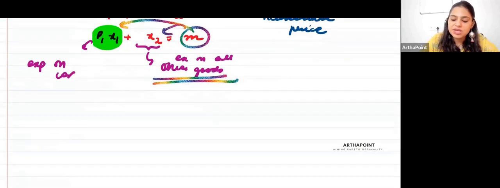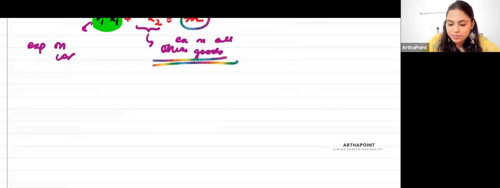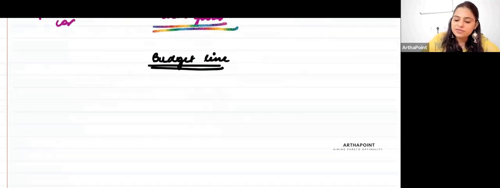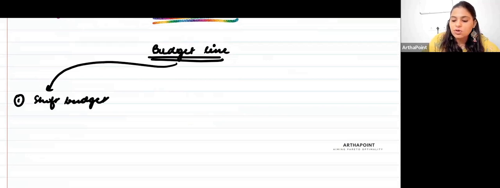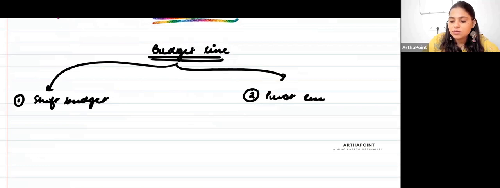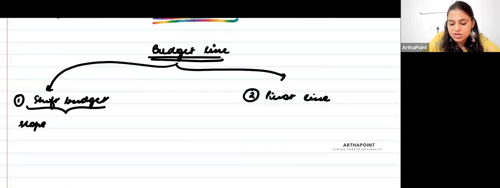Now, please make this diagram. So in budget line, we can have various things. We can have a shift of a budget line, or we can have a pivot of the budget line. Shift of budget line takes place when the slope is unchanged, which means only income changes.